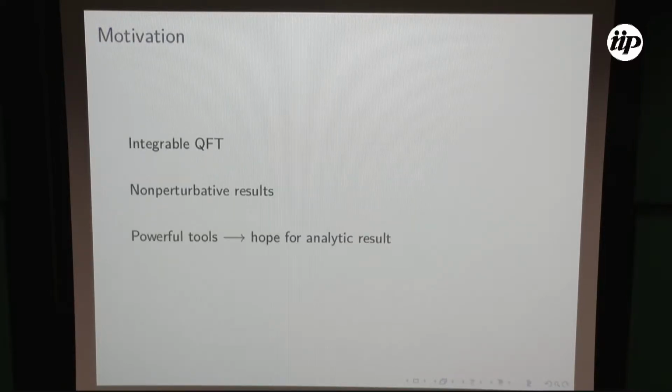So to get over this problem, I'm going to focus on integrable quantum field theories. In these theories we have plenty of nice, infinite symmetries in the background, and nice machinery that can give us non-perturbative results in quantum field theory. These are really powerful tools to use here, and there's a hope to have analytic results for these correlators and other quantities as well.